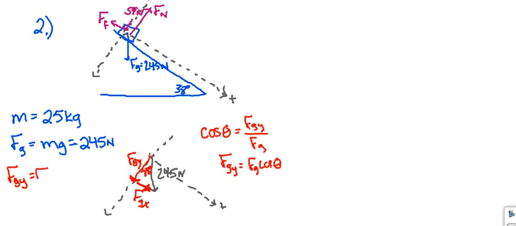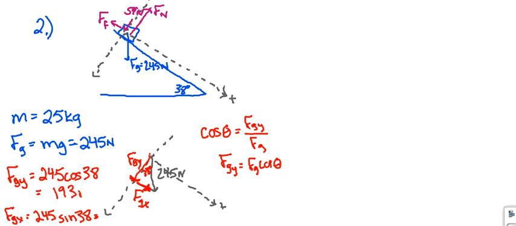I know the force of gravity, so 245 cosine of 38, and I know the force of gravity in the x is 245, but this time, since it's opposite from the angle, we're going to use sine of 38. And I'll find those real quick. So we got 193 and 150.8.